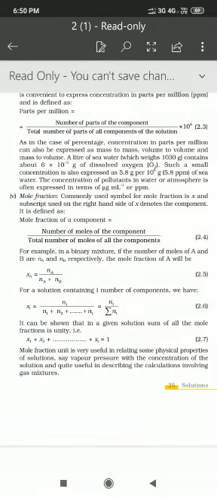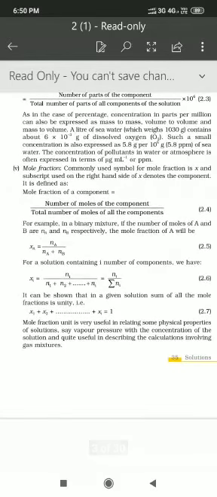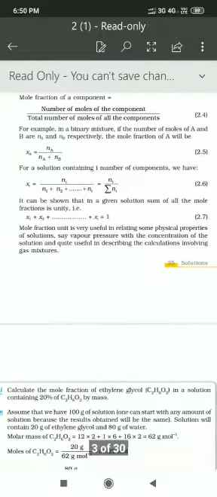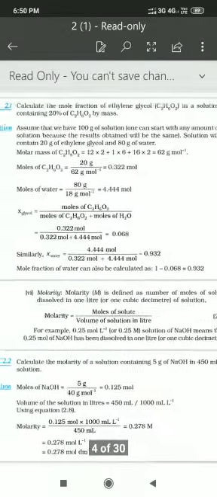XA is equal to nA upon nA plus nB, where n is the number of moles. nA is the number of moles of component A, nB is the number of moles of component B. If we have many such components, then the mole fraction of the first component is n1 upon n1 plus n2 plus n3, as many components as are present. So this is mole fraction, and it is an important unit which we will be considering in this lesson.